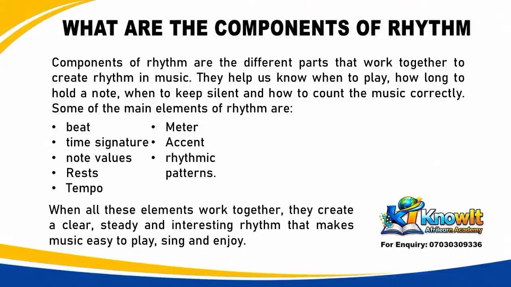Some of the main elements of reading include the beats, the time signature, the note values, rest, tempo, meter, accent, and rhythmic patterns. All of these come together to constitute the exact thing we describe as reading. When all these elements work together, they not only create reading clearly, they also make a steady and interesting pattern that makes music easy to play and enjoyable.